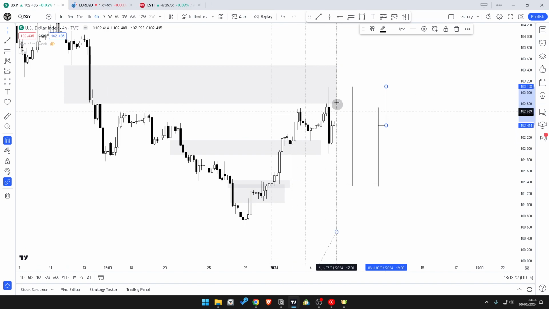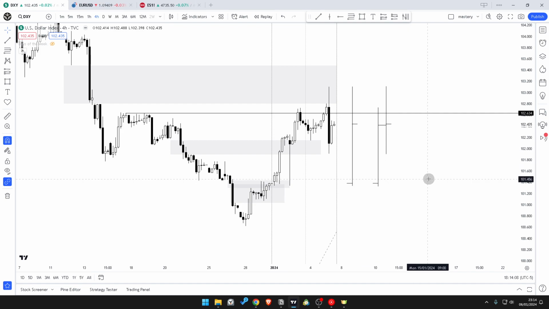inverse Judas swing on the upside, making the high of the week and the high of the day, and then low close of the second half. So open, close of the first half, open of the second half, high, low, close. Basically this.